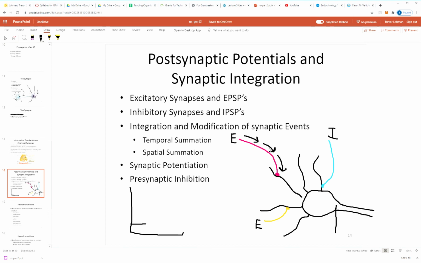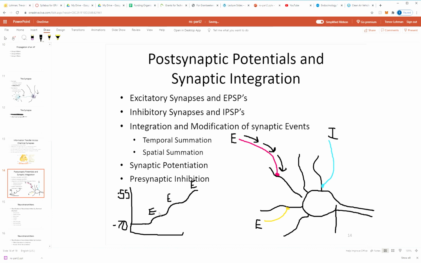But then these excitatory synapses arrive. So this is -70, and this is -55. Here we have E1, E2 arrives, E3 arrives. Maybe we hit threshold, then we get a big action potential, right?